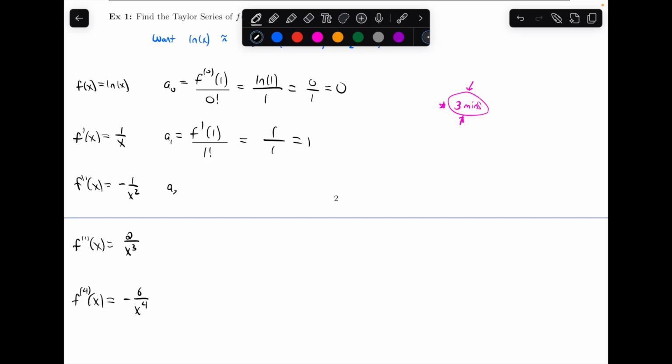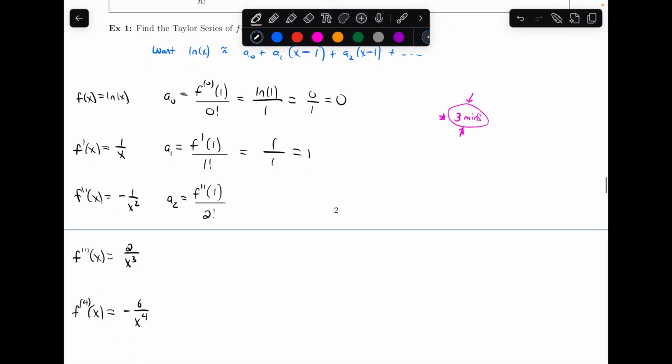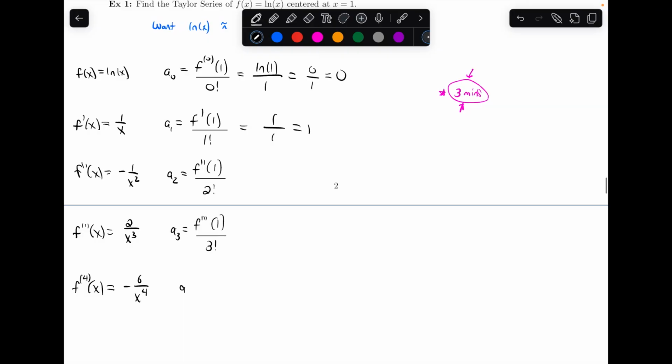So to get a2, if I plug 2 in for n, I'll get the second derivative of f, plug in my center point, over 2 factorial, and then a3 is similar. I'd have to do the third derivative, plug in the center point, over 3 factorial. And then a4 would involve doing the fourth derivative, plug in the center point, over 4 factorial.